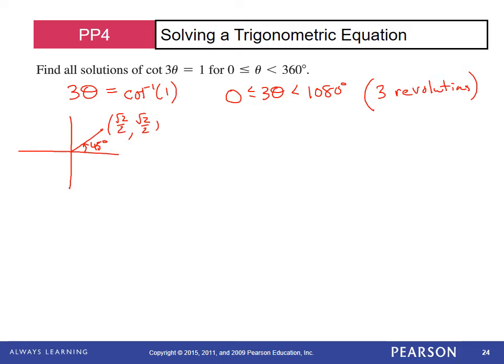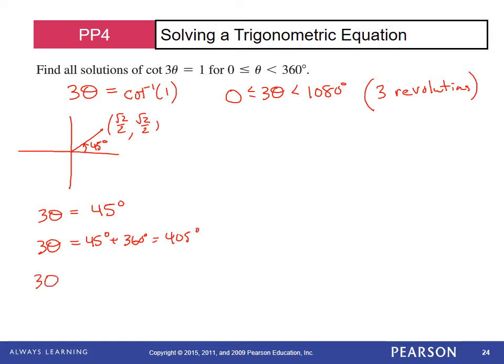Okay, so now let's think about this. Let's just start with this one here. I know that 3 theta is equal to 45 degrees. But remember, I have 3 revolutions to deal with as well. So what is 45 degrees plus 360? 405, I totally agree.